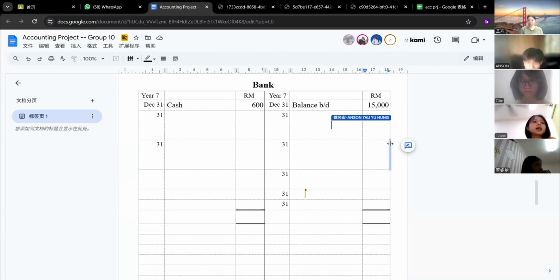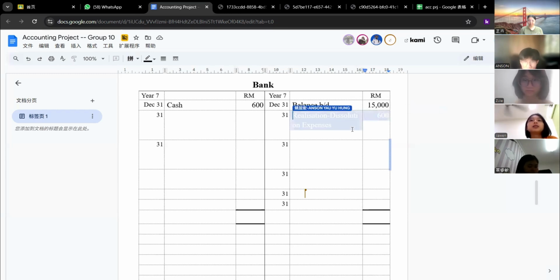Okay, first we can see expenses, which means our bank needs to be credited, and we need to write the amount of 600, because the question shows the cash was banked, so the amount is equal to the cash.